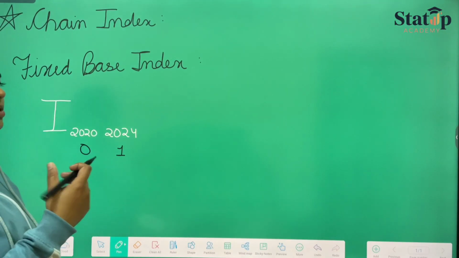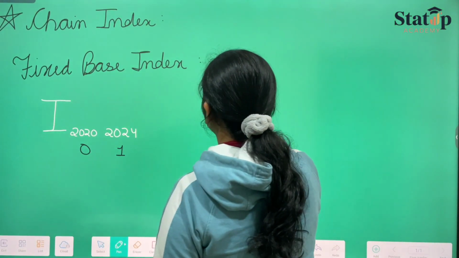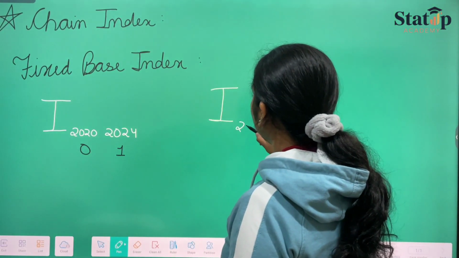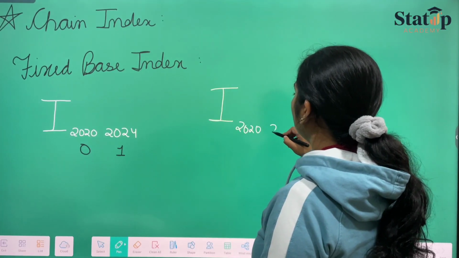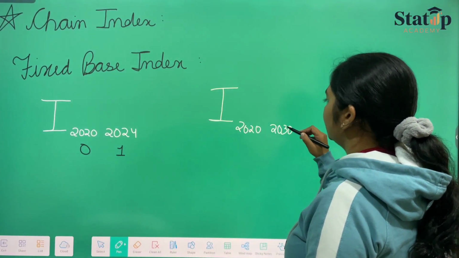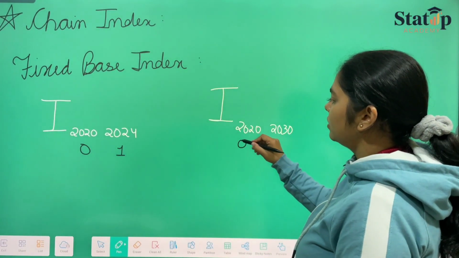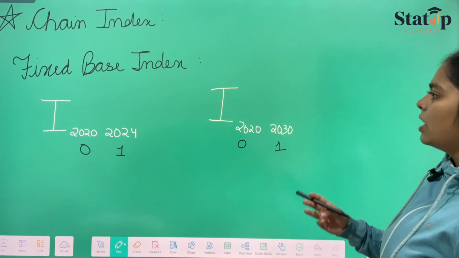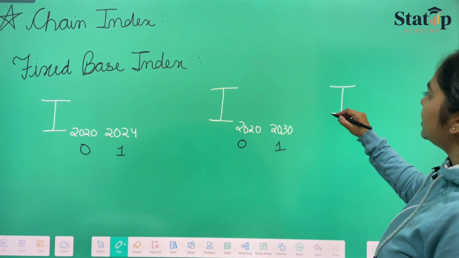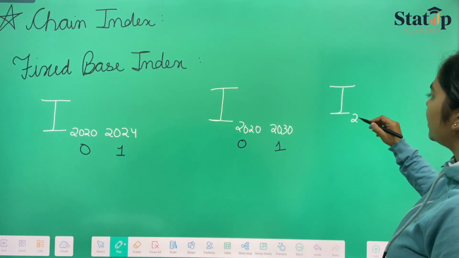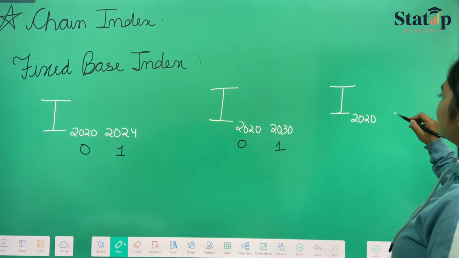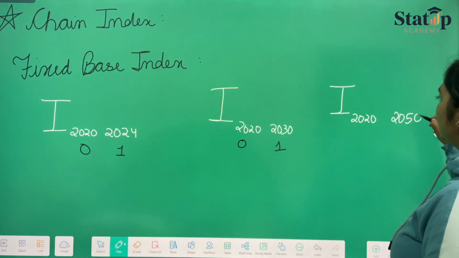If I have to construct another index number with the same base year 2020, the current year is 2030. So this is the base year and this is the current year. If I take another index number with the base year 2020 and the current year 2050.